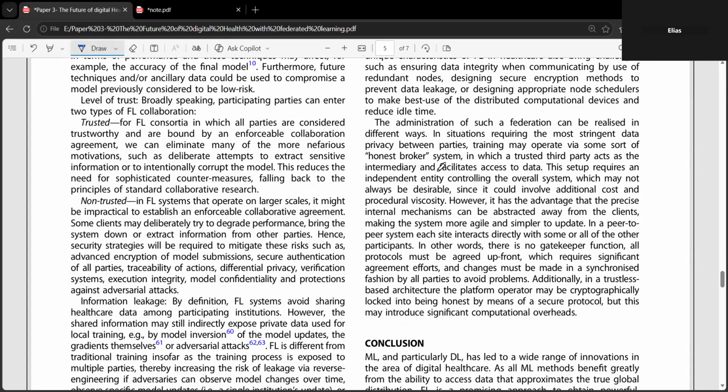There are techniques we can use to make sure that we understand exactly which hospital made the majority of the contribution. One of them is the integration of data Shapley values, which is a game theory metric that measures the exact marginal contribution of each of these institutions.